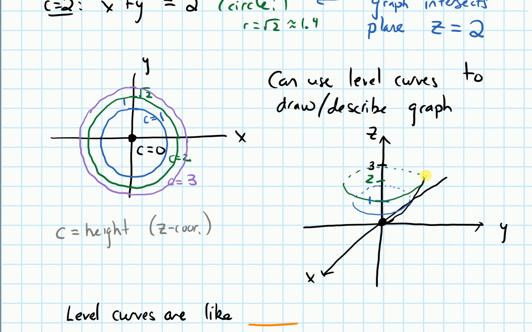It starts to curve inwards because as I go higher and higher up, how much the circles get bigger from unit to unit gets smaller and smaller. So I get a shape like this, which is what we would expect because we graphed this thing in the last video, and now at this point we're pretty comfortable with drawing these paraboloids. Okay, so we can use our level curves to draw or describe the shape of our graph.